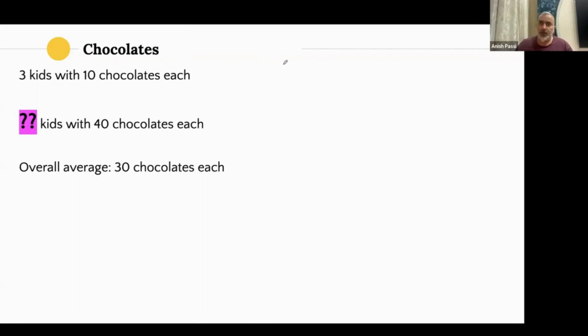So there are some kids with 10 chocolates each. There are some kids with 40 chocolates each. How many kids with 10 chocolates each? 3. And we have to figure out how many kids are there with 40 each. What I know is that the average is 30. So let's deal with this side first. These kids have 10 each, so there's a shortage on this side.